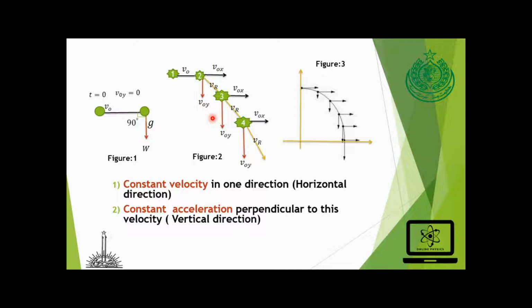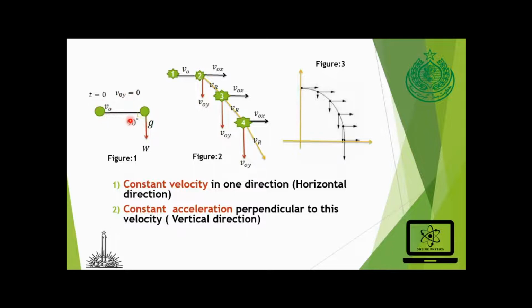So let's see, this is an object or a projectile thrown horizontally like this. At that instant, the object has only initial horizontal velocity and the vertical component of the velocity is 0 at time 0. V naught y is 0 at time 0.